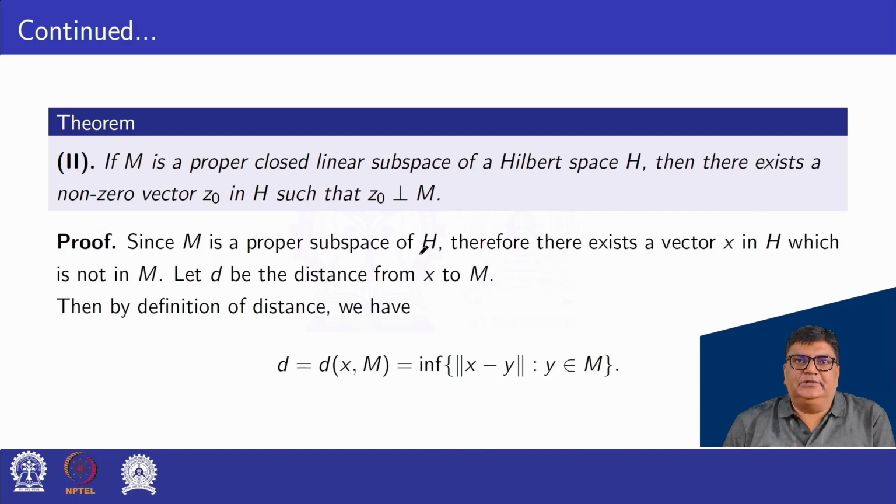Since M is a proper subspace of H, there exists a vector x in H which is not in M. Let d be the distance from x to M. Then by definition of distance, d equals d(x, M), which equals the infimum of the norm of x minus y such that y belongs to M. Already we have discussed the distance between points of a Hilbert space H and a subspace M in an earlier lecture.